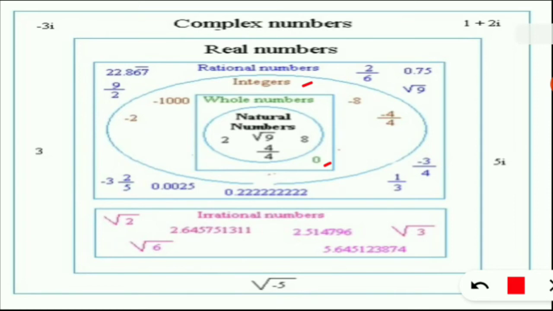A rational number is of the form p by q, where p and q are integers and q is not equal to 0. Next, separately irrational numbers. So real numbers contain both rational and irrational numbers, and the last one is complex numbers. Complex numbers contain all real numbers and the numbers which are of the form a plus ib. Clear?